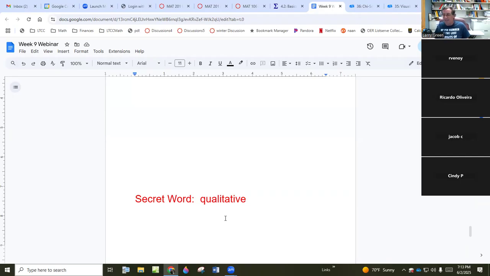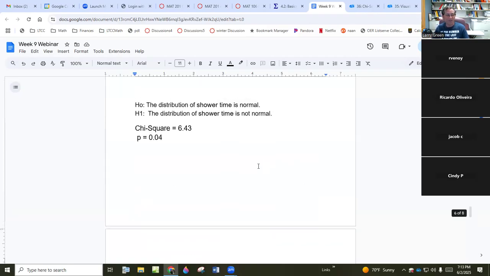What is your race? What's your favorite color? What season were you born in? What car type do you have? So that's all qualitative survey questions. Any questions on the secret word? Qualitative. Make sure you spell it right.